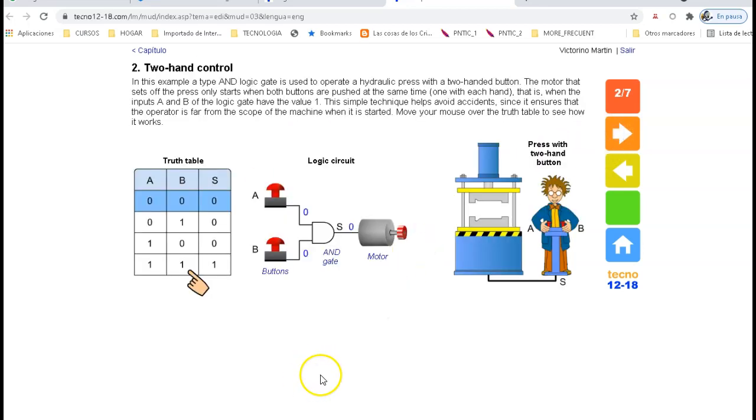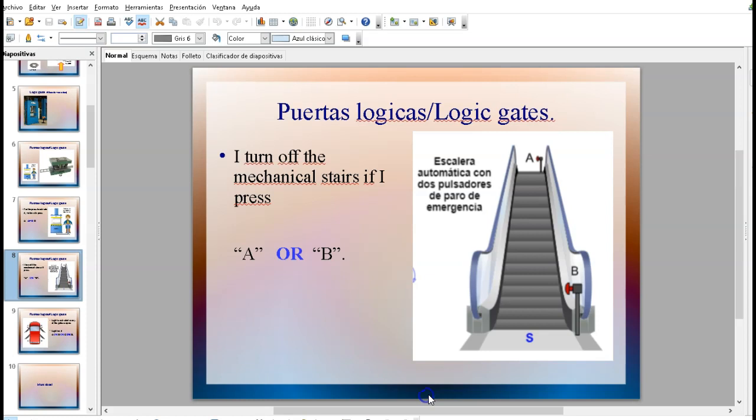So in a two-hand control, remember that the motor will be on just in case we press A and B at the same time. This symbol is representing an AND gate. It is representing an integrated circuit. It's just a symbol with this shape. Just a reminder. Remember that we have different integrated circuits.